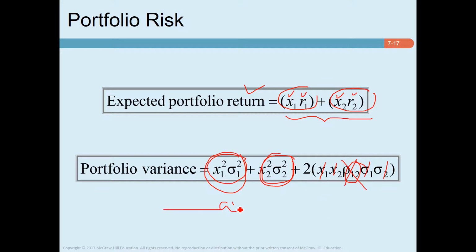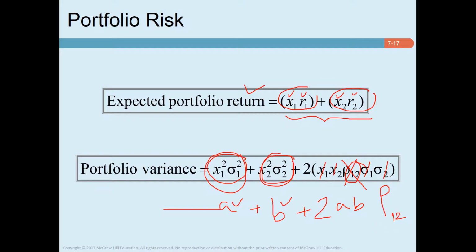So it should be a square plus b square plus 2. You can see this part is a and this part is b. It should be this. However, we have one additional component, which is correlation.